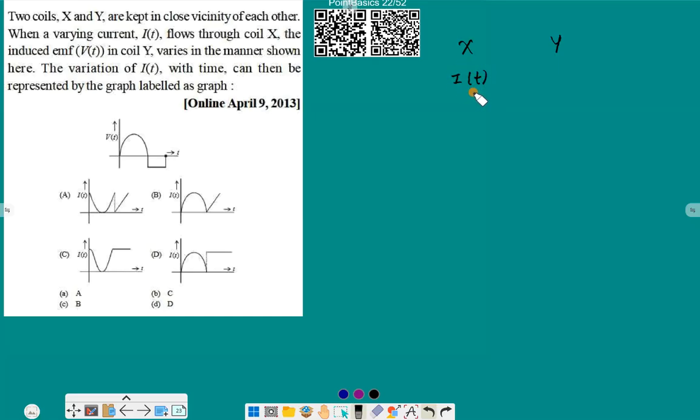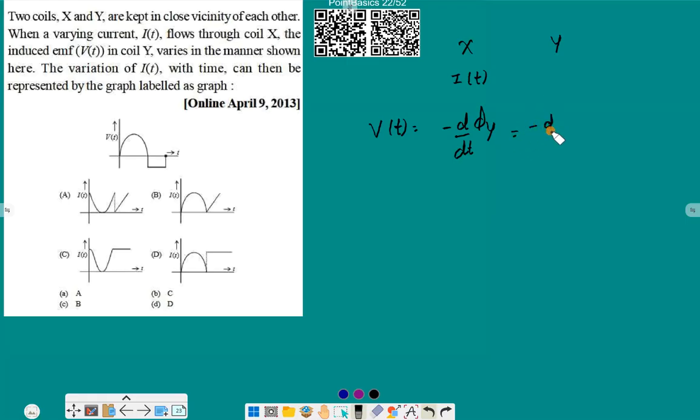Due to this current, the induced EMF will be given by this relation. Induced EMF in Y, suppose Vt, will be equal to negative of d by dt of the flux associated with Y. This is the amount of induced EMF in Y.